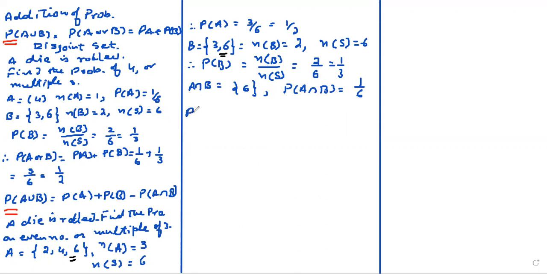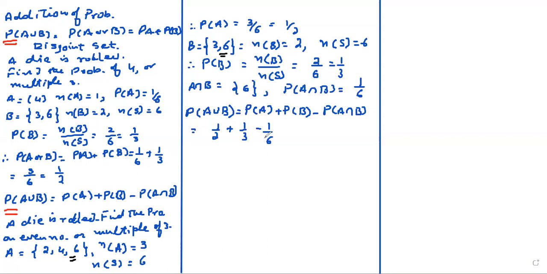So probability of A union B in this case, when the sets are not disjoint, equals probability of A plus probability of B minus their joint occurrence, probability of A intersection B. So it equals 1 over 2, the probability of A, plus 1 over 3, the probability of B, minus their joint occurrence 1 over 6.